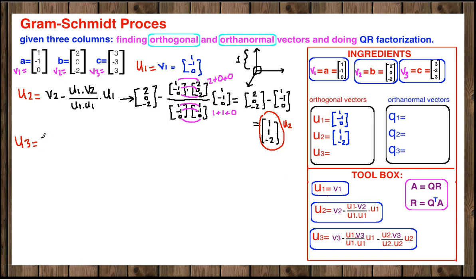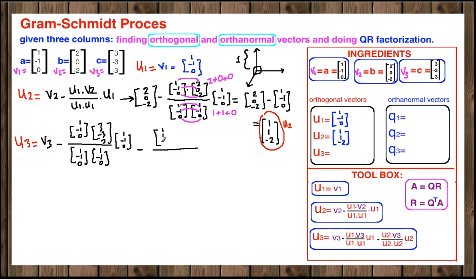u3 is given by this formula. V3, which is the third column, minus u1's here, which is the first orthogonal vector. Let's place them all first. And V3, which is the third column, 3, negative 3, 3. Minus, we have u2's here, which is the second orthogonal vector we found.